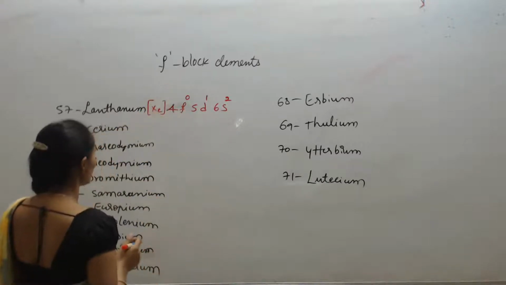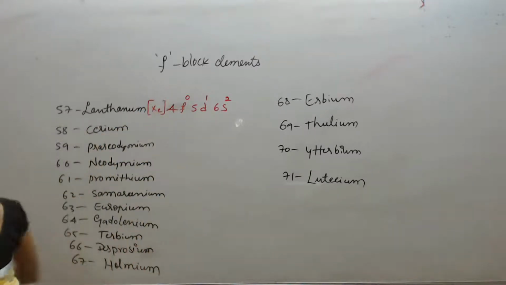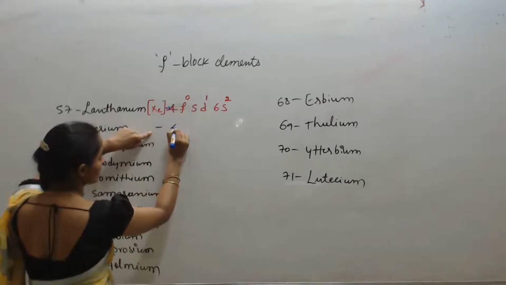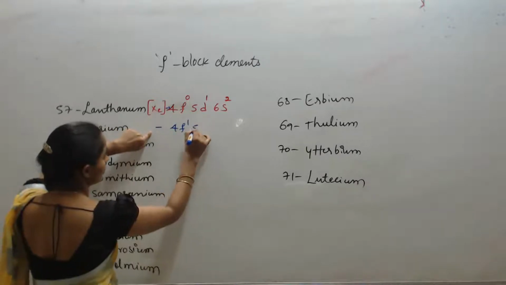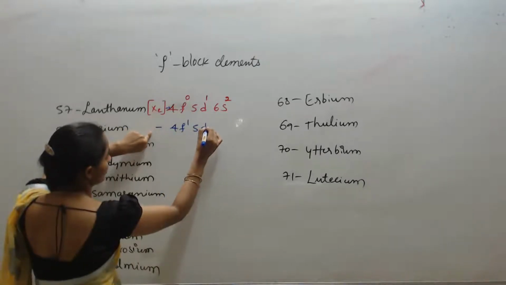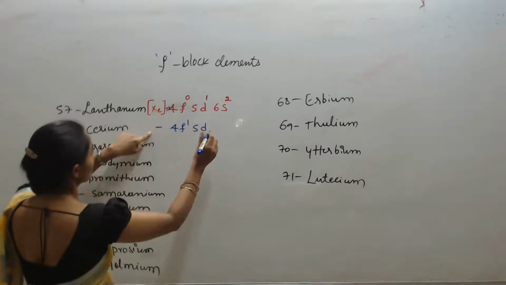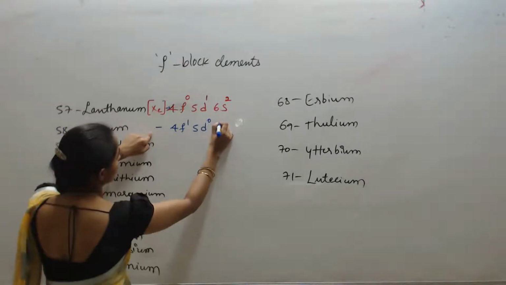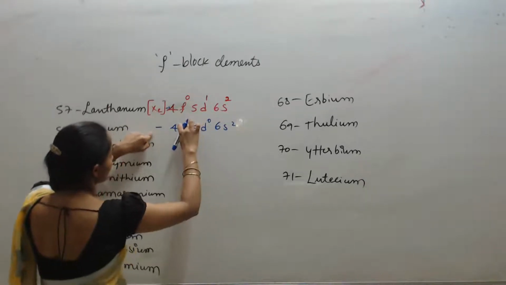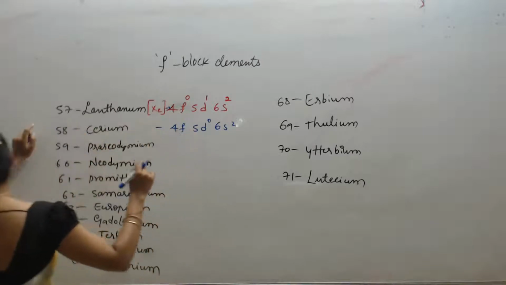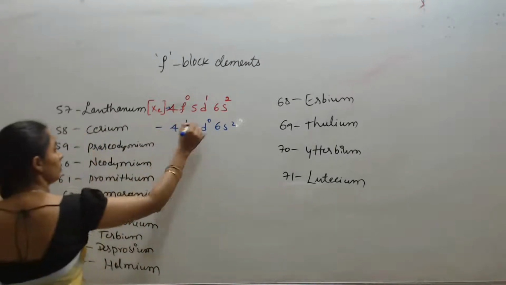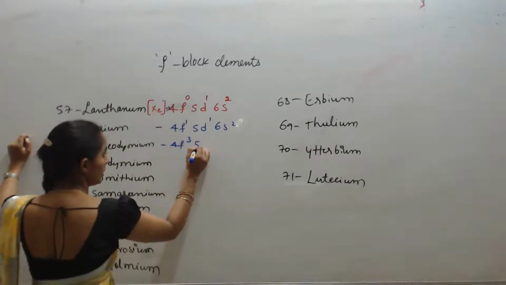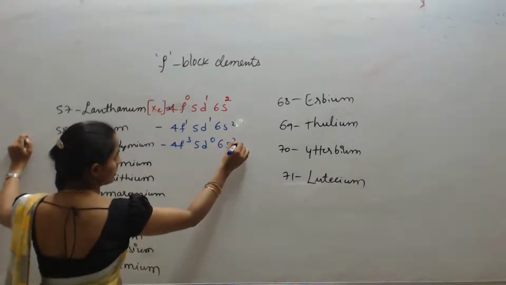Next. So here, this is the noble gas, and this is the outermost configuration. I am going with the outermost configuration only. So here what happens? Next, this is the one shell. First I write the configuration 4F1. Next, 4F3, 5D0, 6S2.